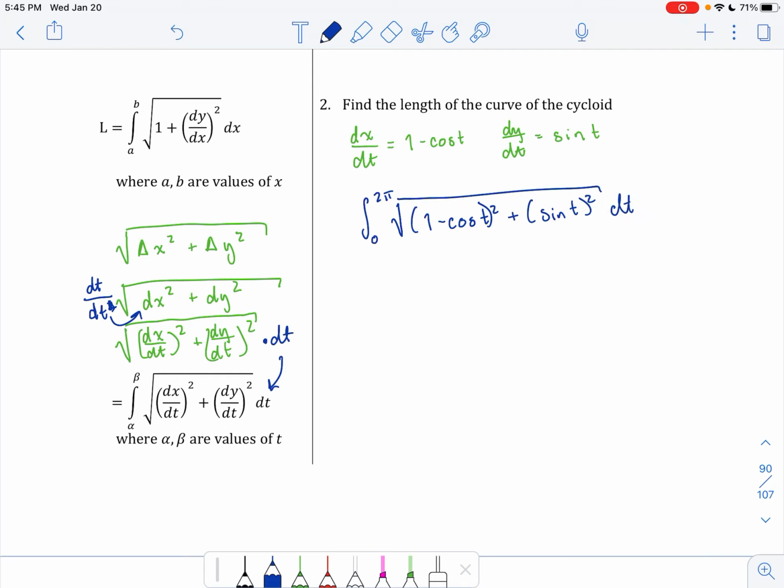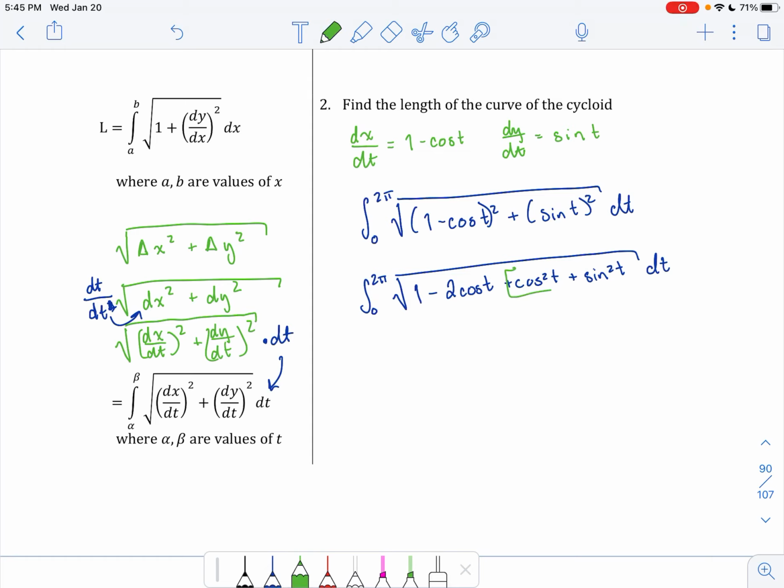Now you could use your calculator right here, but let's do a little practice with simplifying. 1 minus cosine t squared is 1 minus 2 cosine t plus cosine squared t, then plus sine squared t.